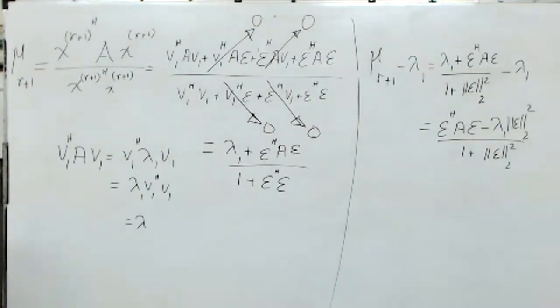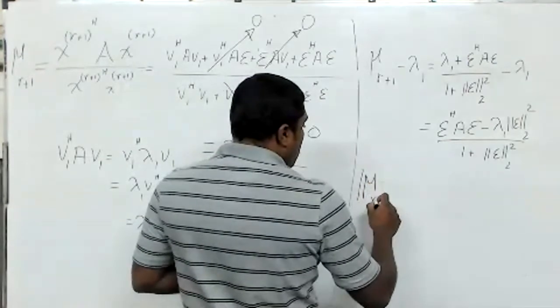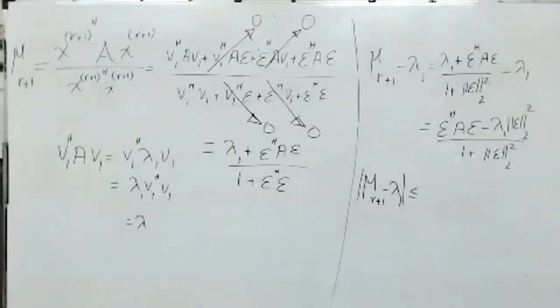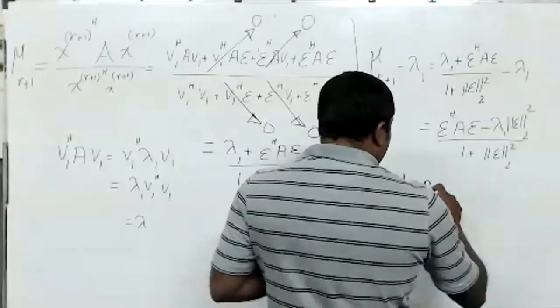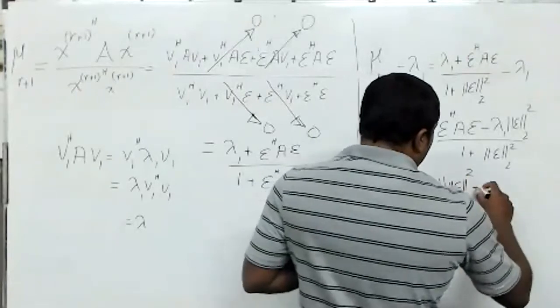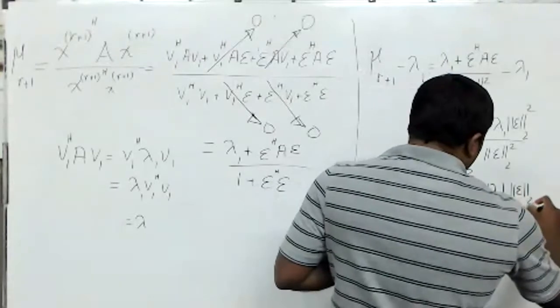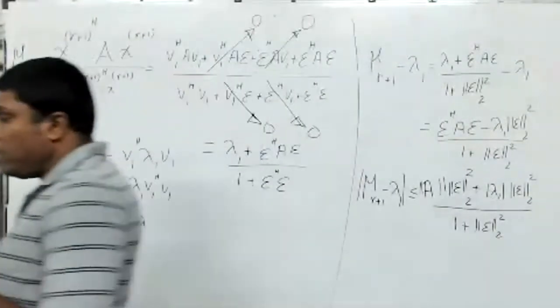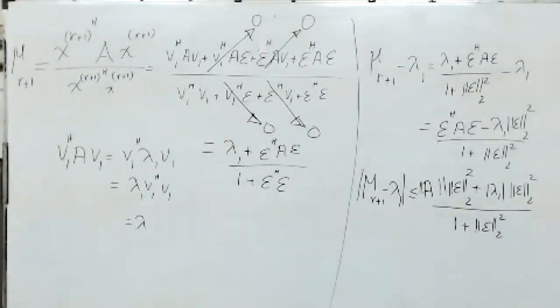So you take the absolute value of this, which is less than or equal to the norm of A times the 2-norm of epsilon squared, plus the absolute value of lambda 1 times the 2-norm of epsilon squared, over 1 plus the 2-norm of epsilon squared.